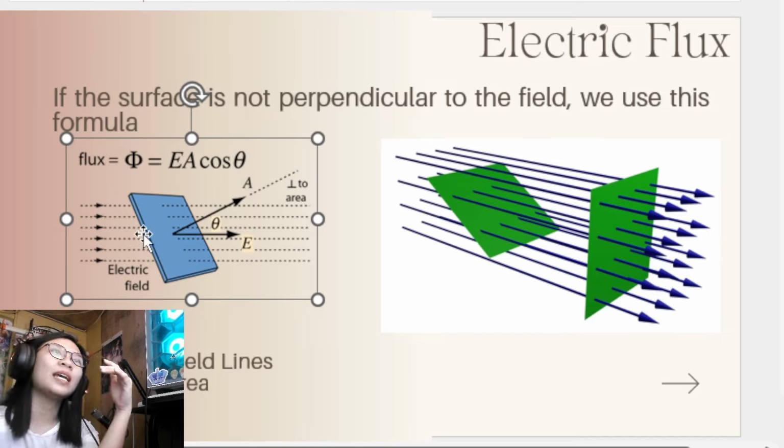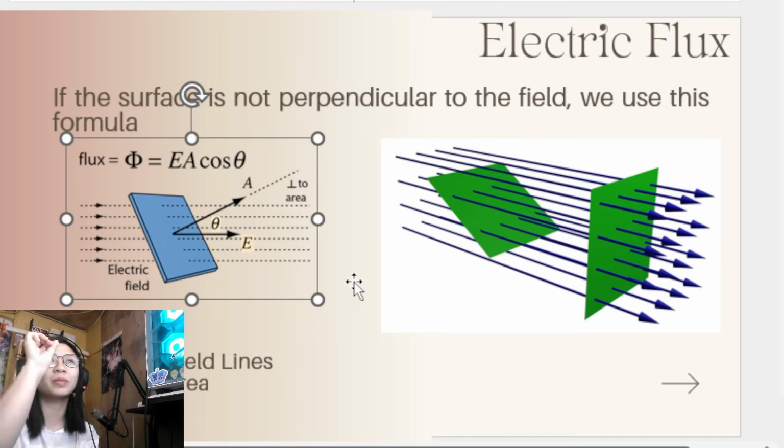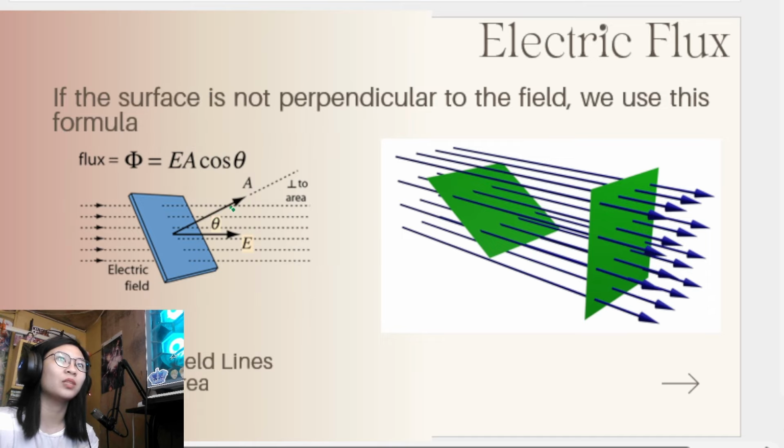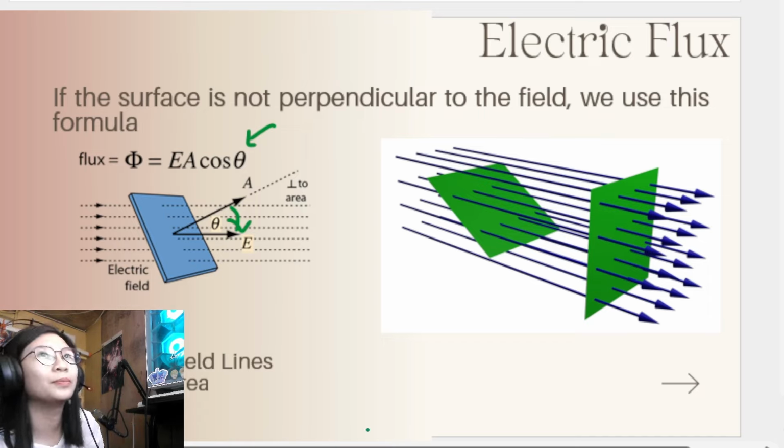Now, your E is just a straight line. So there is an angle between A and E, and that angle is what you put in the cosine theta. So theta is the angle between your electric field and your surface area vector A.